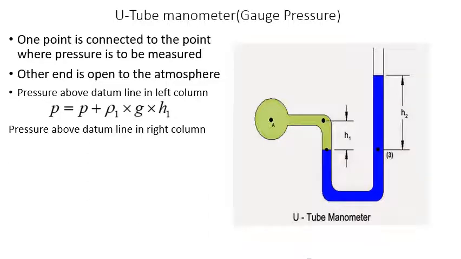In a similar manner, the pressure above the datum line in the right column is equal to rho 2 into g into h2.